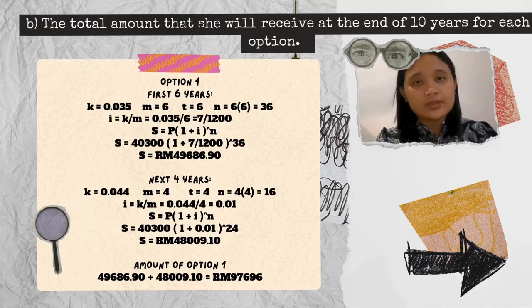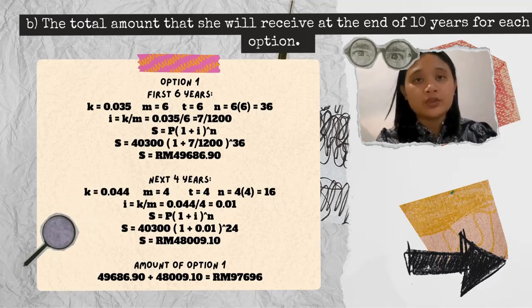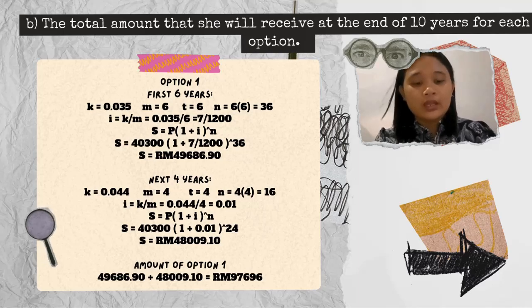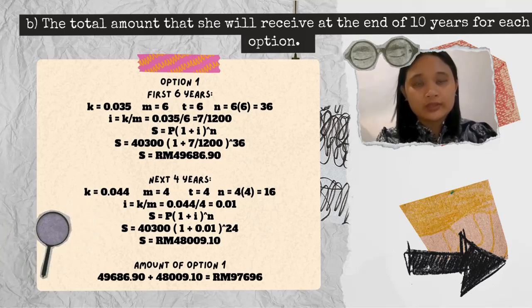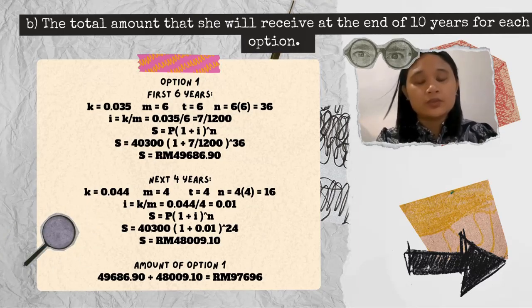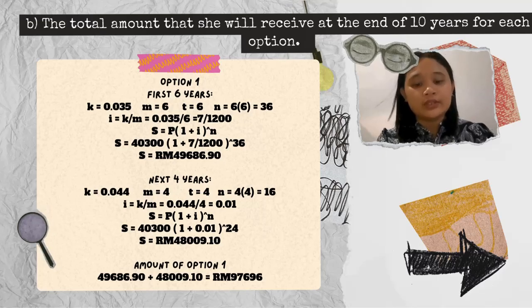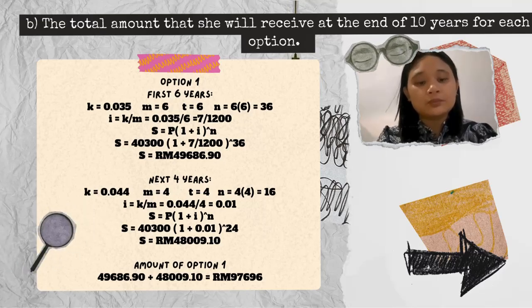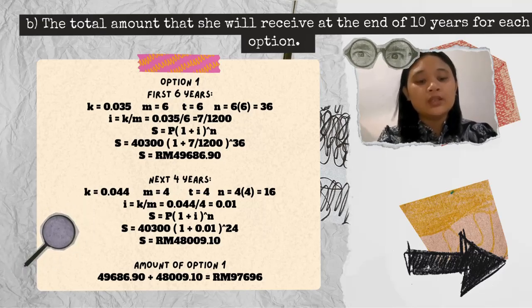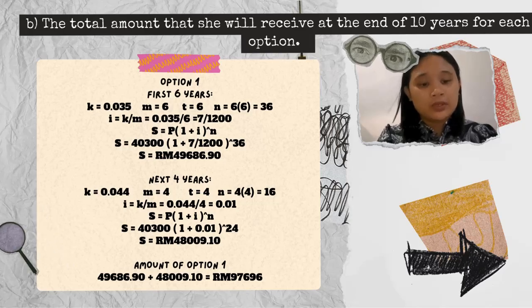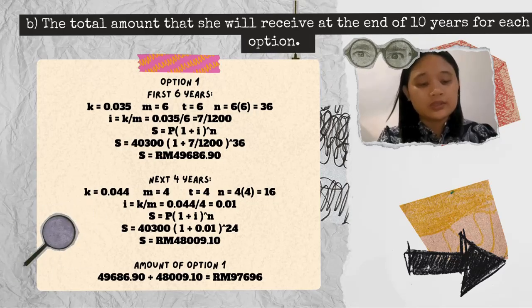Option 1. First 6 years, K equals 0.035, M equals 6, T equals 6, I equals 0.035 per 6, N equals 6 times 6 equals 36.